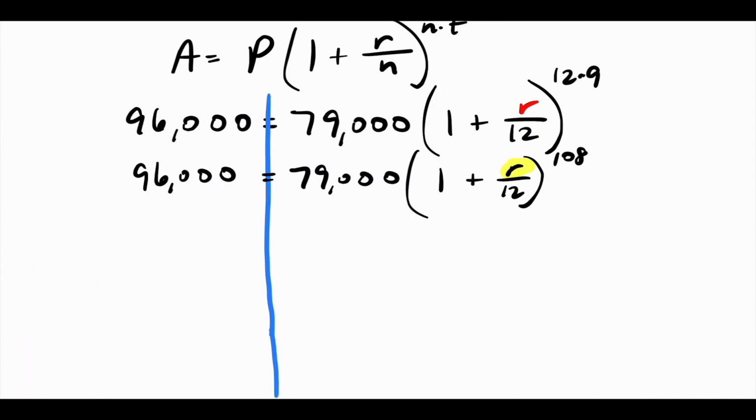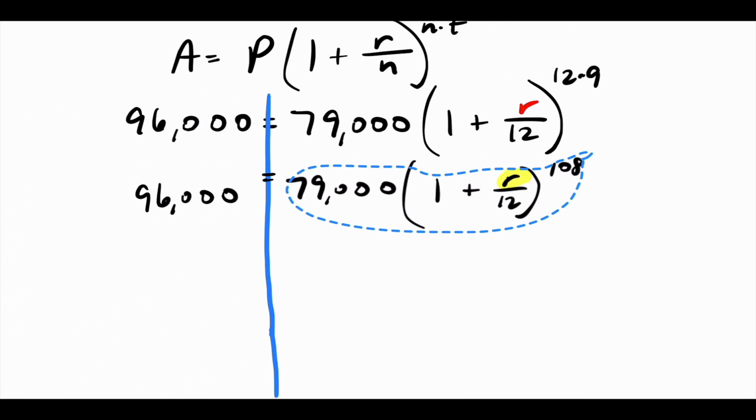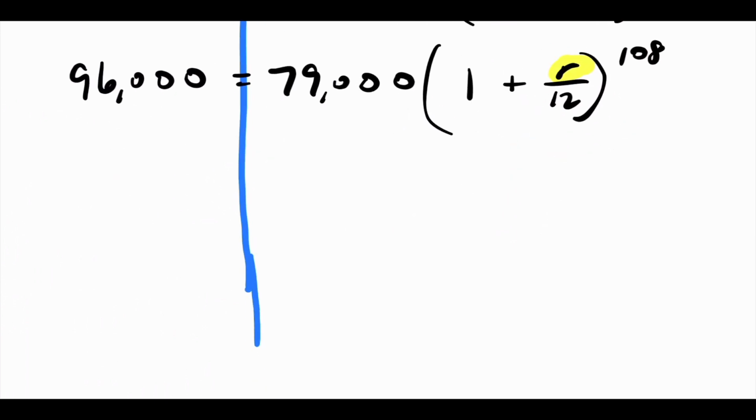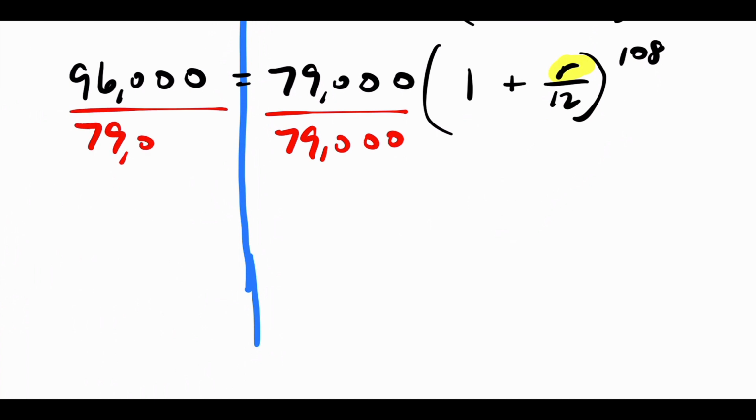This kind of looks like a problem we saw the last 2 days. What did we do then? There you go. Yeah, we can't distribute because of the power, so let's divide by what we can. $79,000. That's what we did the last 2 days. That worked. That becomes a 1.